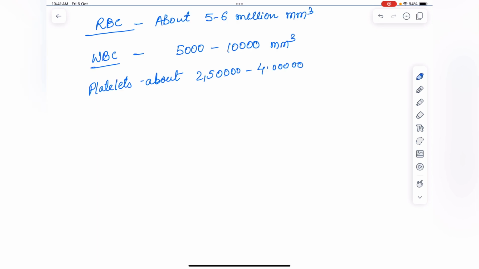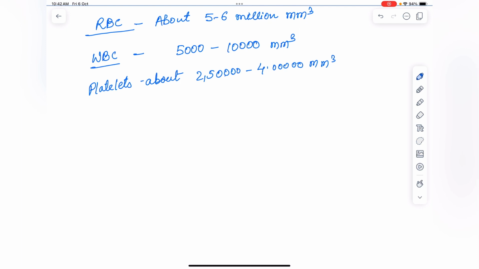The RBC count is 5 to 6 million per cubic millimeter. WBC is 5,000 to 10,000 per cubic millimeter, and platelets is 2.5 lakh to 4 lakh per cubic millimeter.